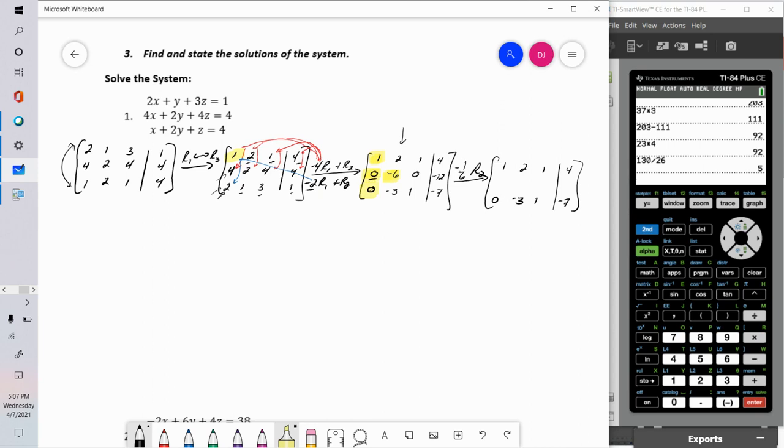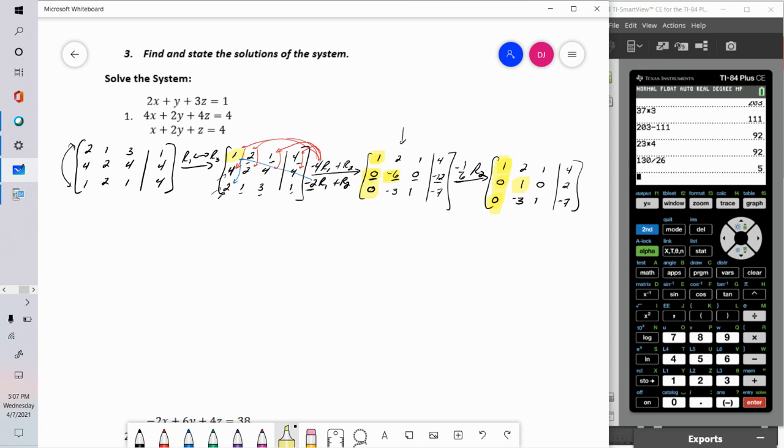Negative 1/6 times 0 is 0. Negative 1/6 times negative 6 is 1. Negative 1/6 times 0 is 0, and negative 1/6 times negative 12 is 2. The whole first column is set.